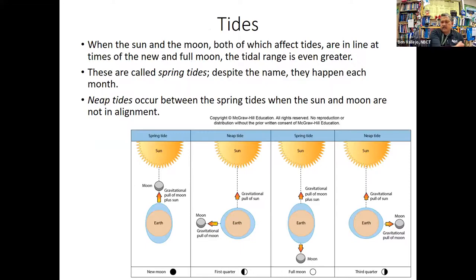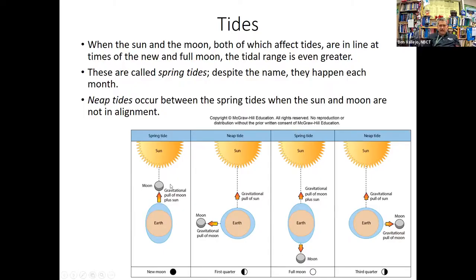Here's another diagram that shows us the same thing. But this is the difference between the spring and the neap tide. The spring tide is when the moon and the sun are pulling together, and the neap tide happens when the sun and the moon are pulling at 90-degree angles from each other. So here's another spring tide.